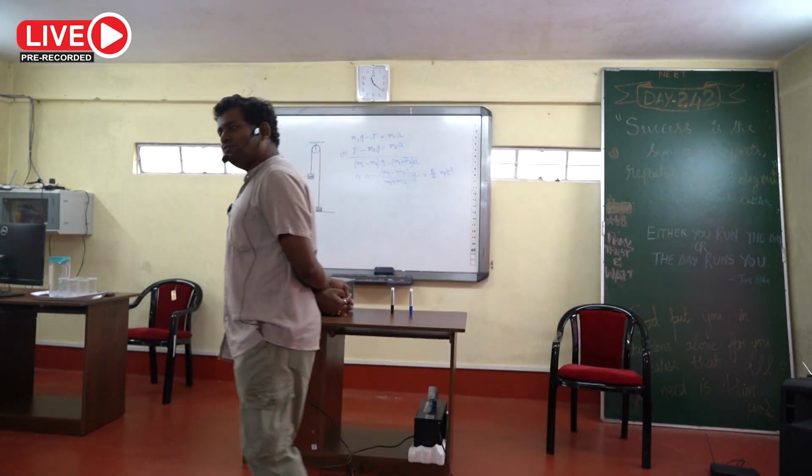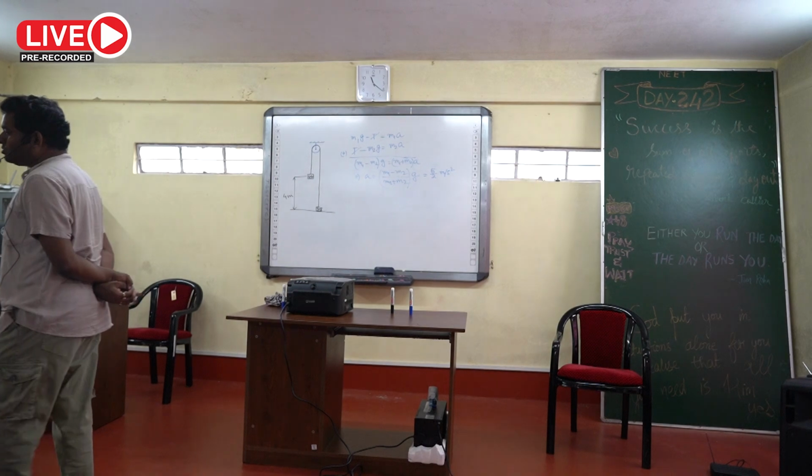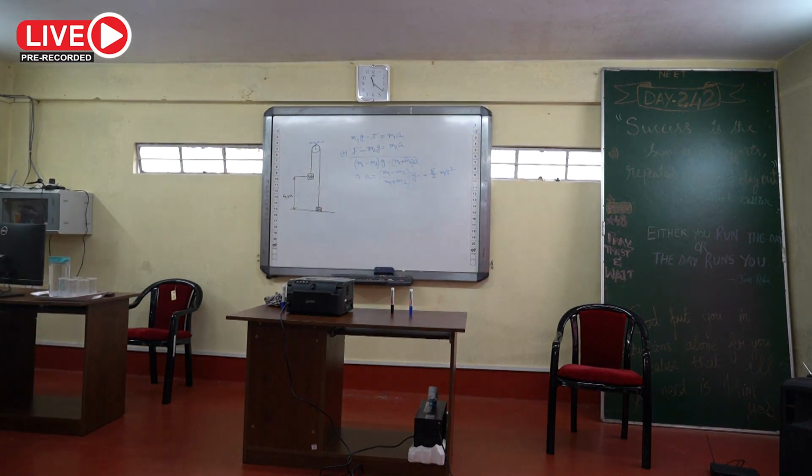Will it be equal to 4 meter, less than 4 meter or more than 4 meter? First, tell me this one. The 3 kg mass when released will reach up to a certain height. Will that height be equal to 4 meter, greater than 4 meter or less than 4 meter?